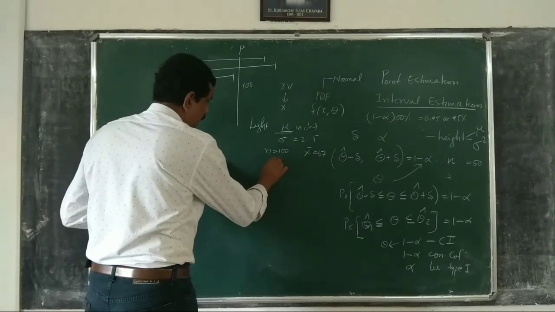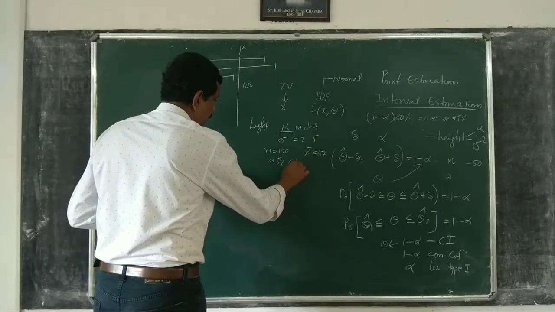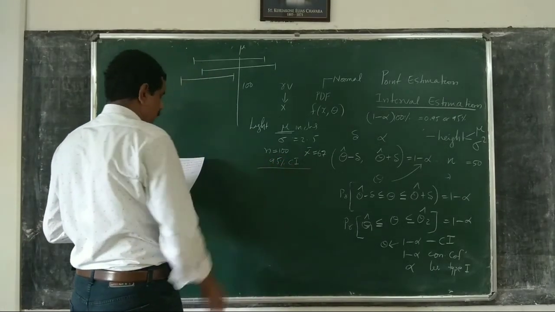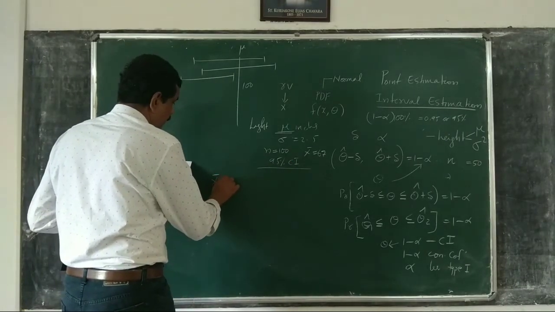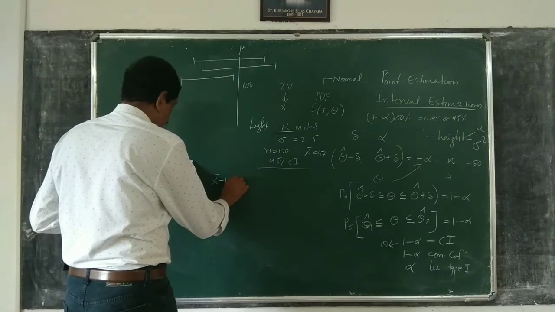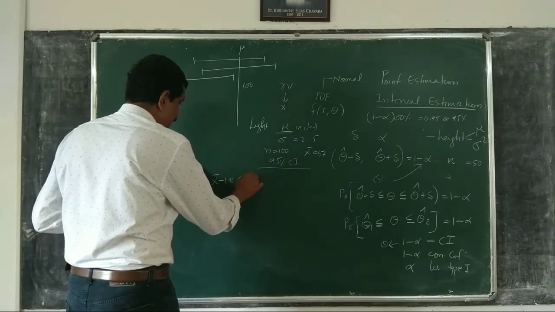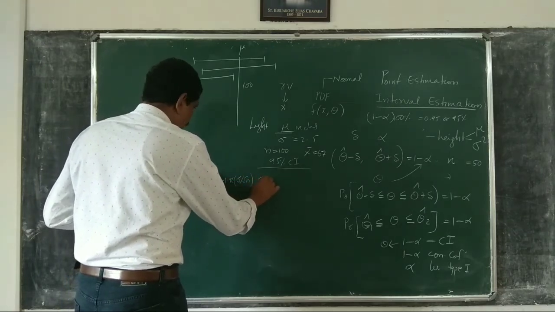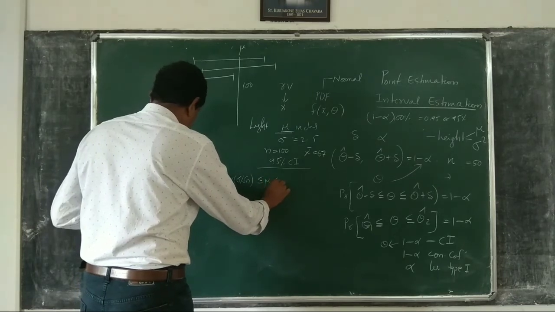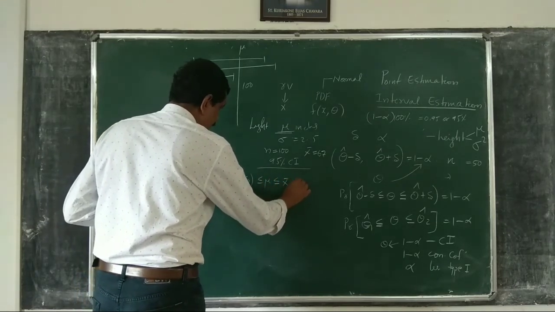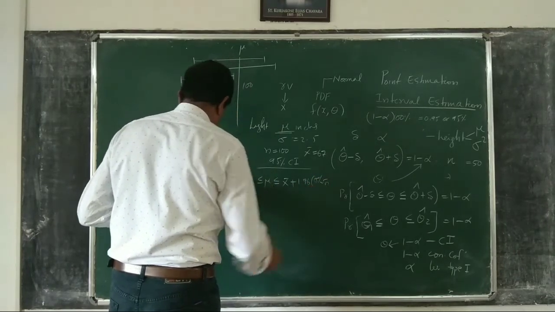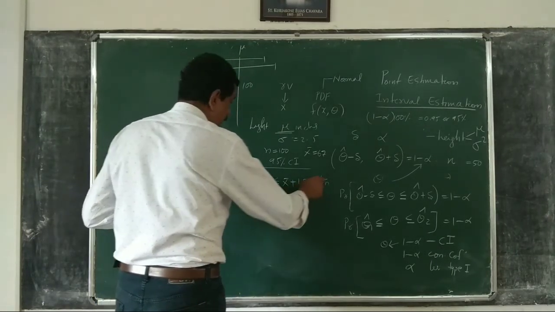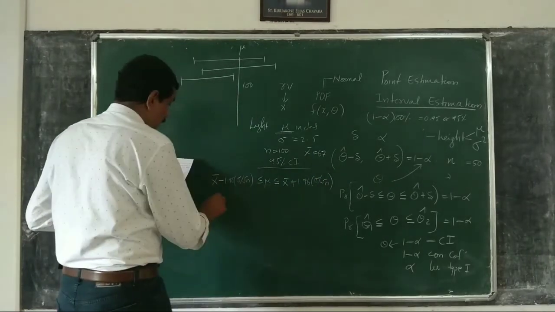Now, let us see how we construct a 95% confidence interval for mu. x bar minus 1.96 sigma by root n less than or equal to mu less than or equal to x bar plus 1.96 sigma by root n is the 95% confidence interval.